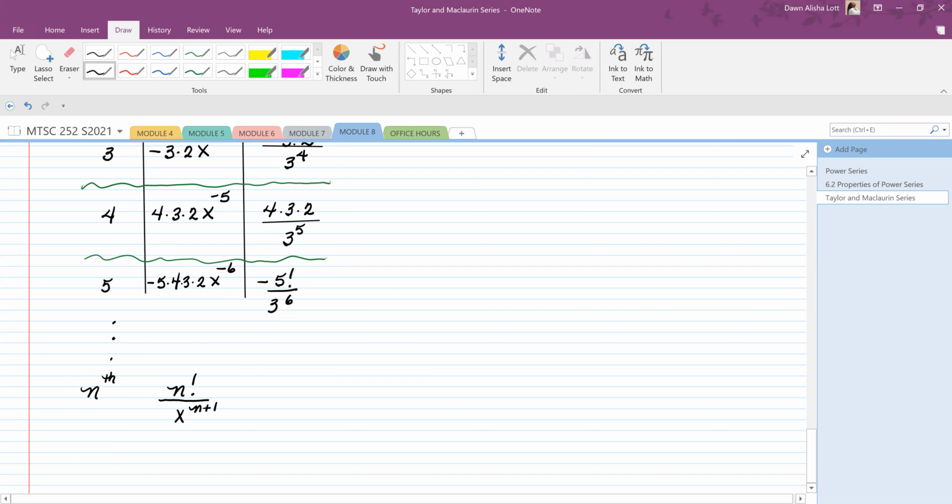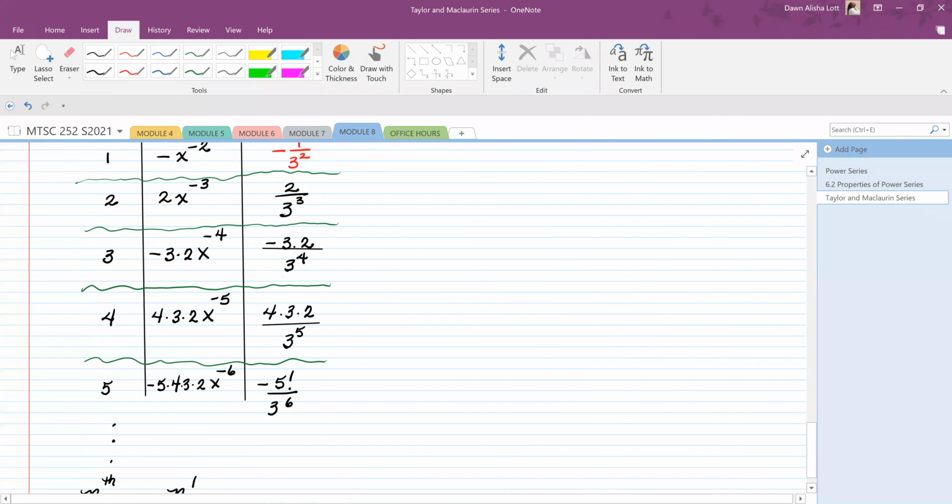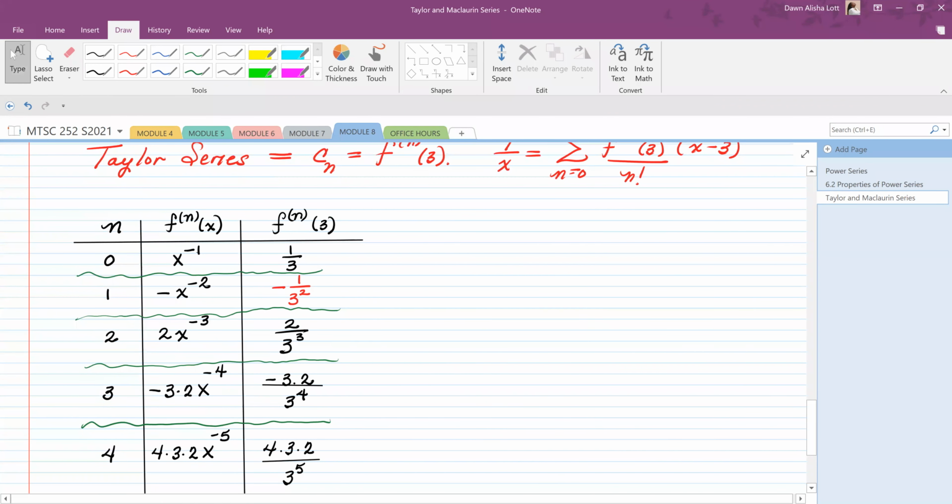And now it looks like it's going back and forth, negative and positive. So when it's 0, it's positive, but when it's 1, it's negative. So that's looking like a minus 1 to the n. Because when n is 0, it's positive. When n is odd, it's negative, and all the even numbers, it's positive.